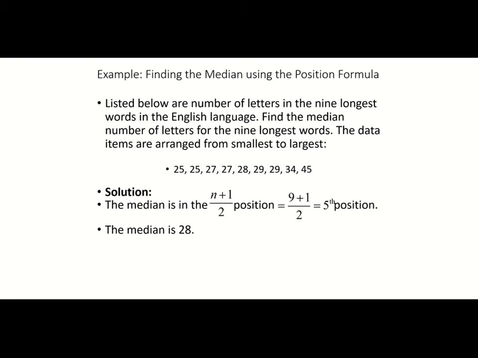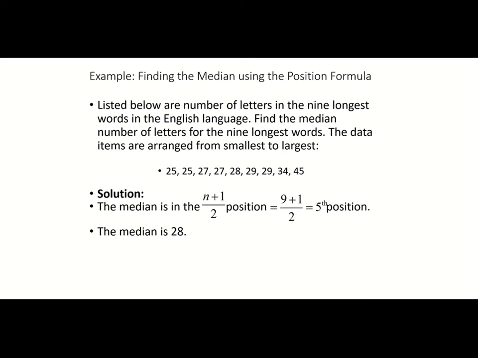Now, sometimes you're going to have a large list of numbers, and it might not be the easiest to find that middle number or those middle 2 numbers. So there is a position formula that you can use to find where that middle number is. Once you have an order, you can count right in. What you're going to do is take the number of items, n, add 1 and divide by 2, and that will tell you where the median number is.